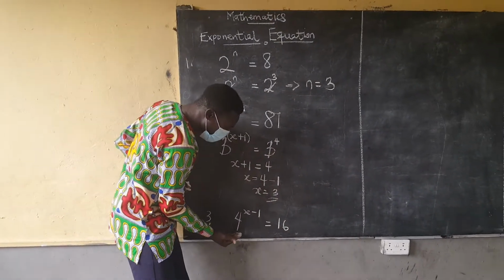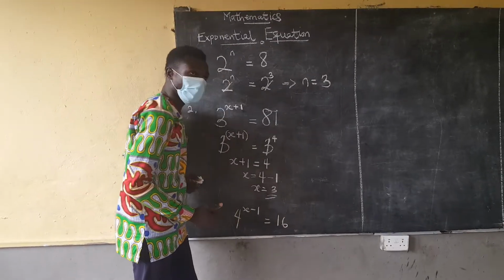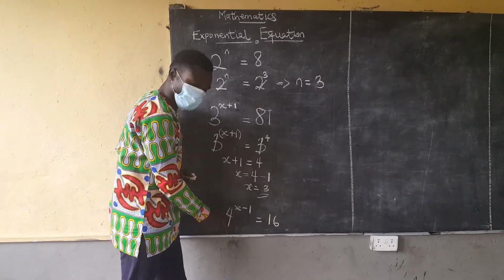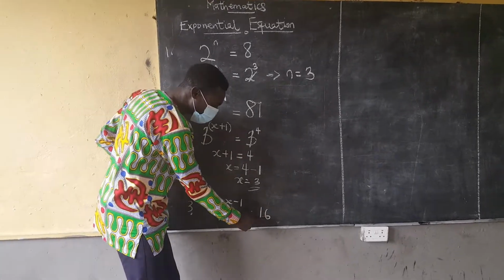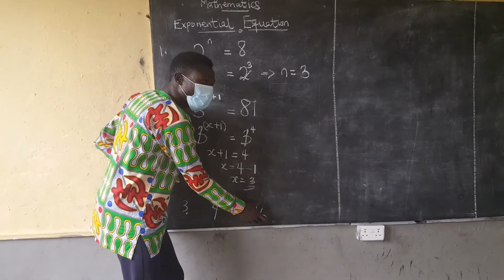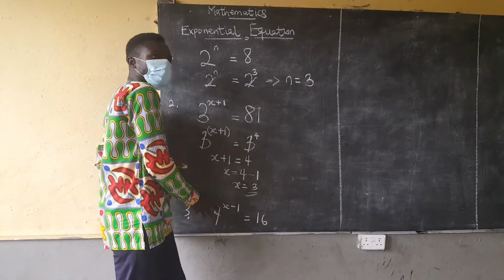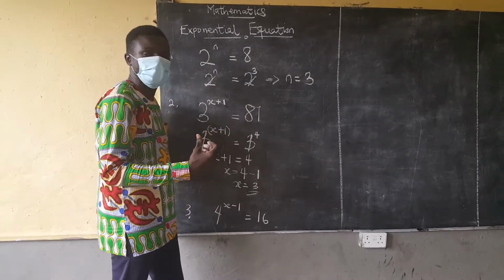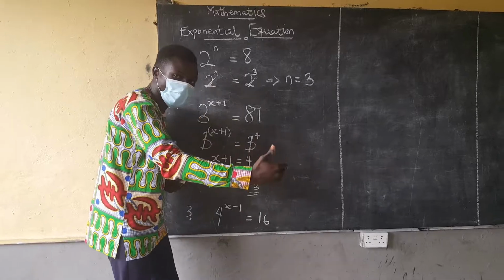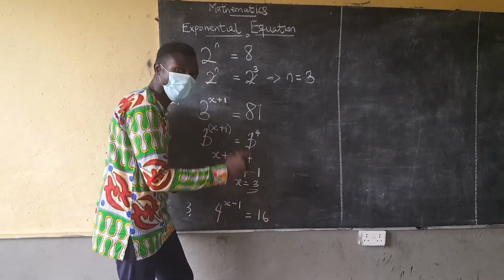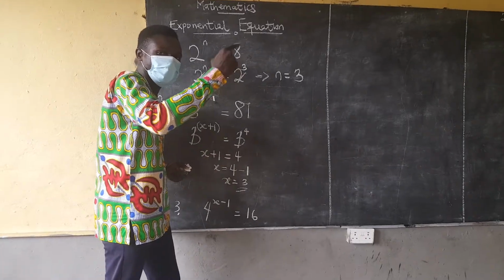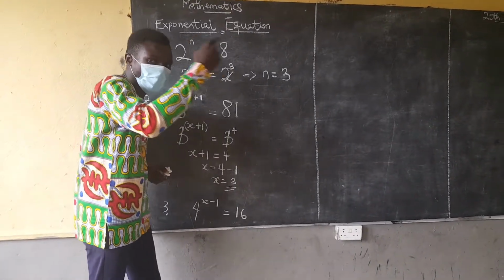Now, when you look at this, if my base is 4 and the one here is 16, then I'll ask myself, 4 times 4, how many times will give me 16? 4 times 4 is 16. So I can say this 16 is the same as 4 raised to the power 2 or 4 squared.